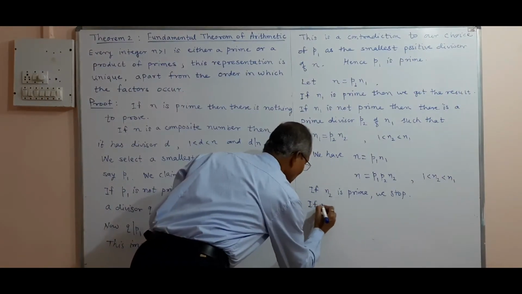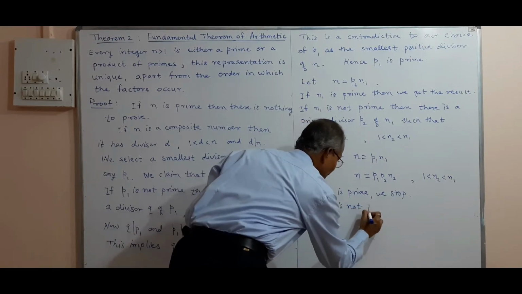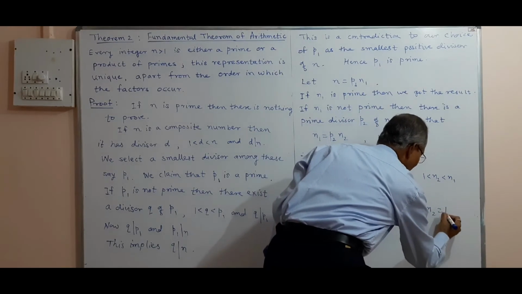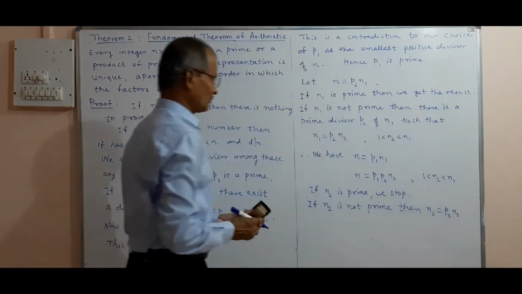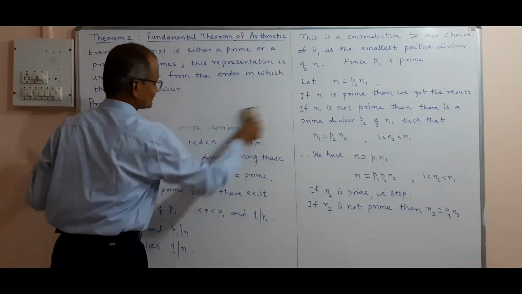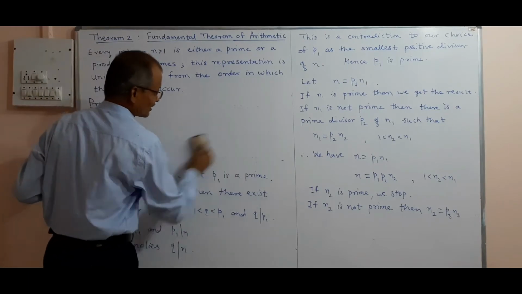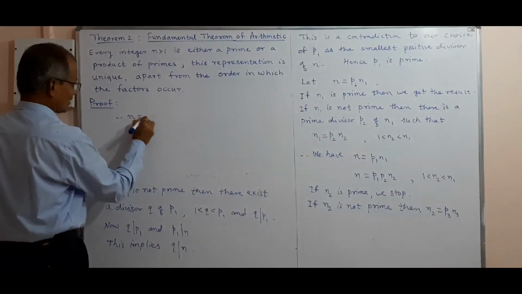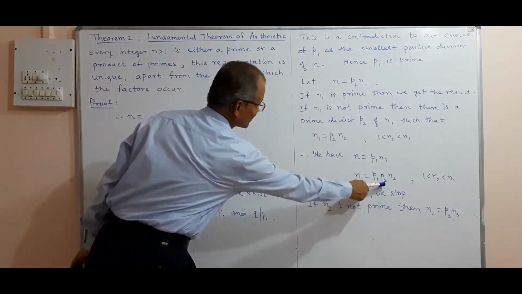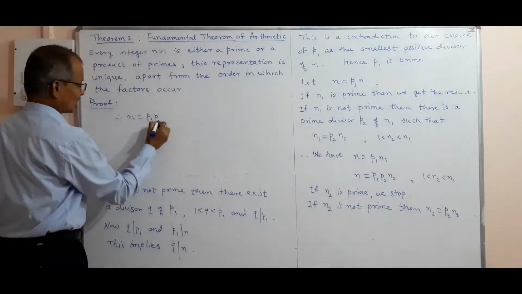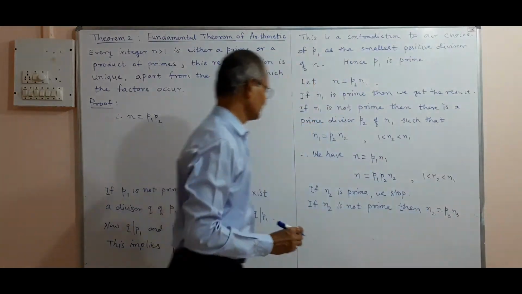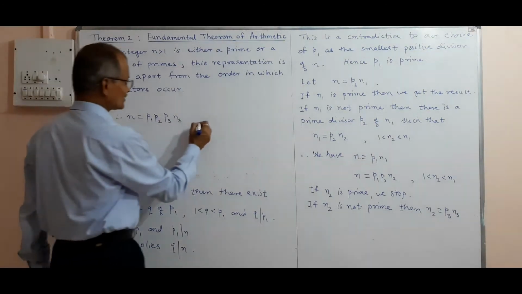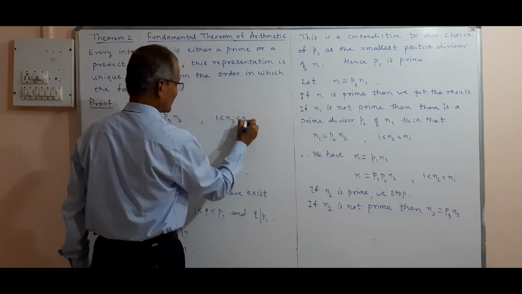If N3 is not prime, that is composite, then N2 is equal to P3 N3, and therefore the expression for N will be N is P1 P2, and N2 is P3 N3, where this N3 is less than N2, and so on.